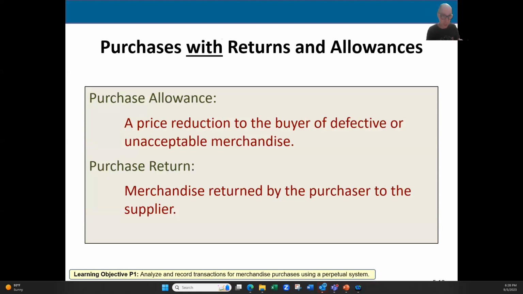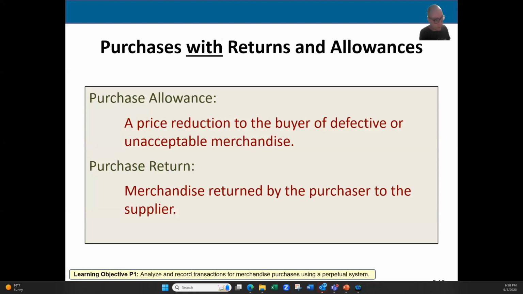So I went through what's called a purchase allowance. Well, it's really a return because they're going to send me a new one. Here's how it works. Let's say you purchase something and it's somewhat broken. It doesn't work the way it's supposed to. It's defective.